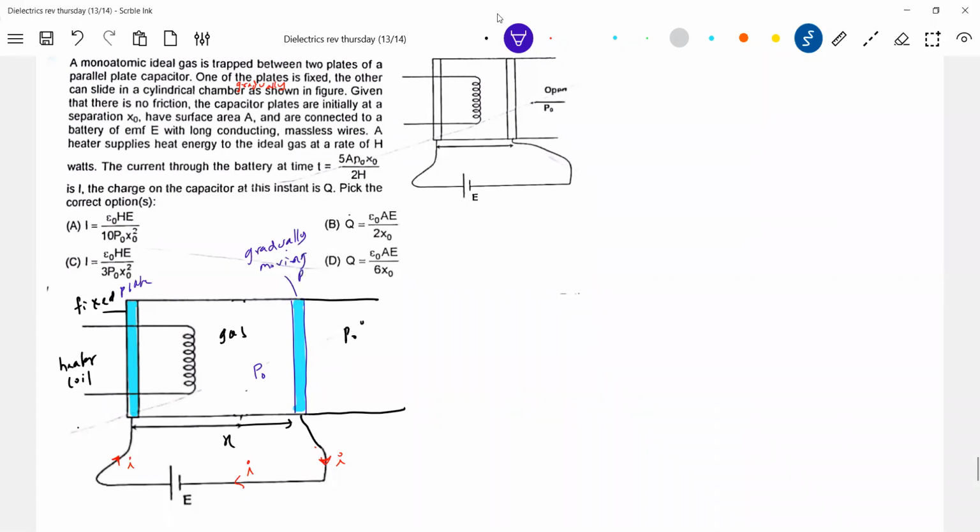I think if you can think this much, you can crack this question. So what is the capacitance at any time? Epsilon naught A by X. So therefore, what is the charge in this? Let it be Q, Q charge deposited here, minus Q here. Then the electric field will be E. So therefore, Q should be equal to C into the electric field.